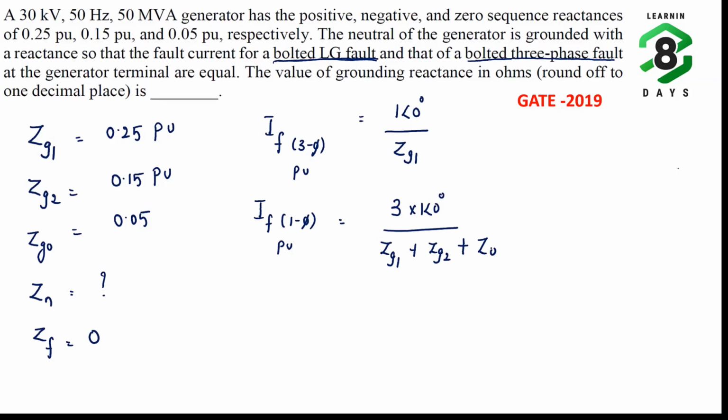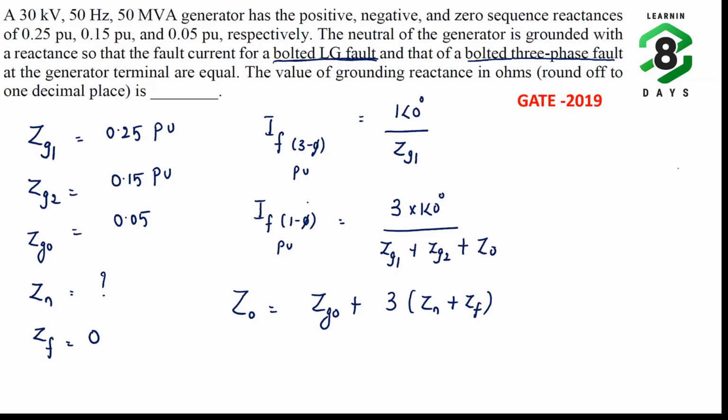Z0 is the overall zero sequence impedance seen by the fault, given by ZG0 plus 3 times Zn plus Zf.